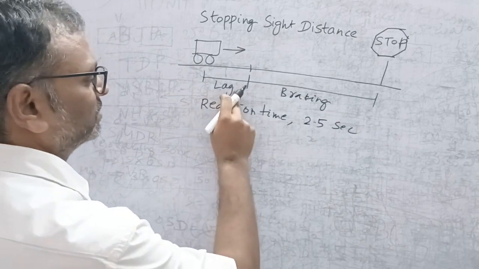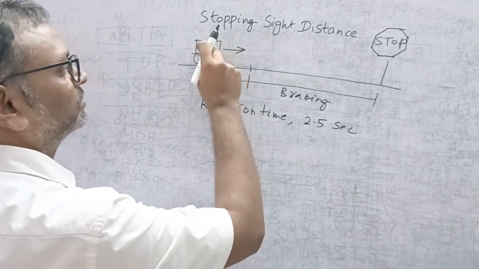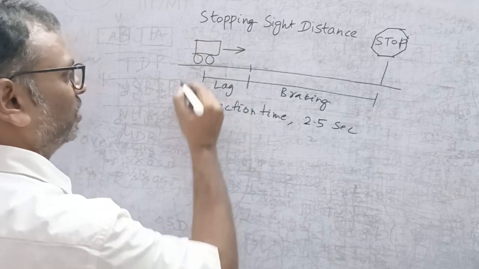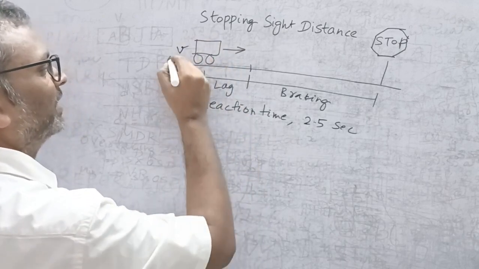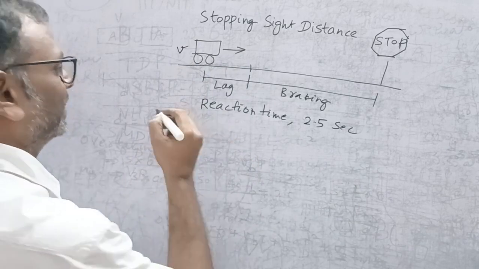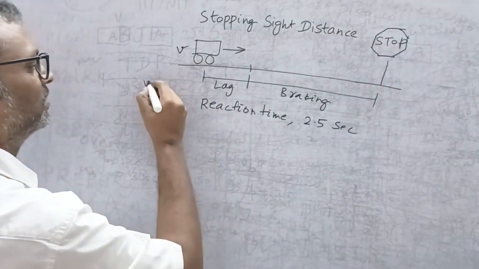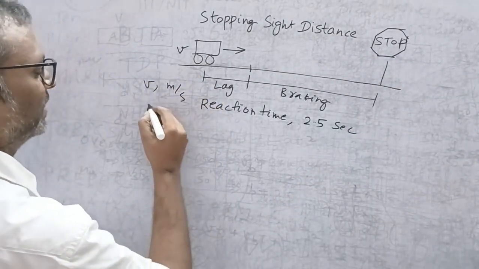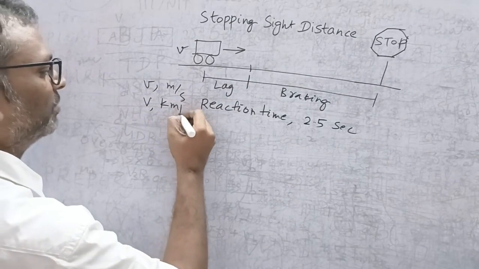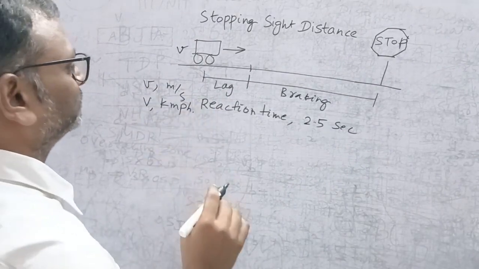So lag distance, if the speed of the vehicle is taken as small v in meter per second. Remember, whenever I write small v during this highway geometric design, it is in meter per second. If I write capital V, it is in kilometer per hour, speed of the vehicle.